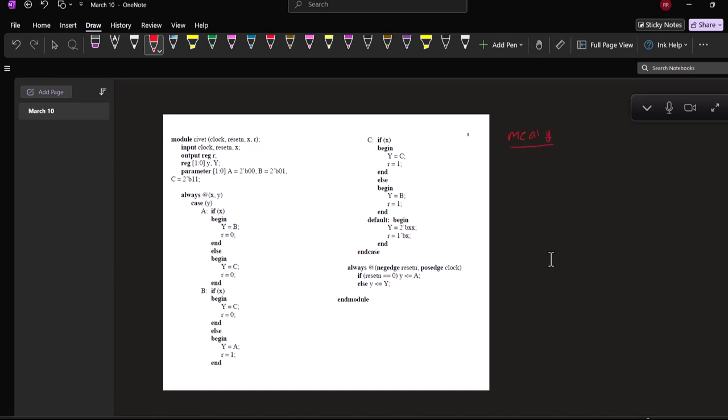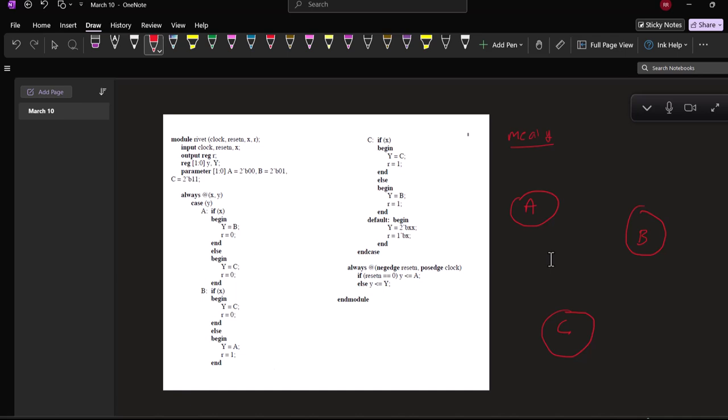And this time we're going to do a state diagram. So how many states do we have? 3. And I can't write the output on the states because it's Mealy.